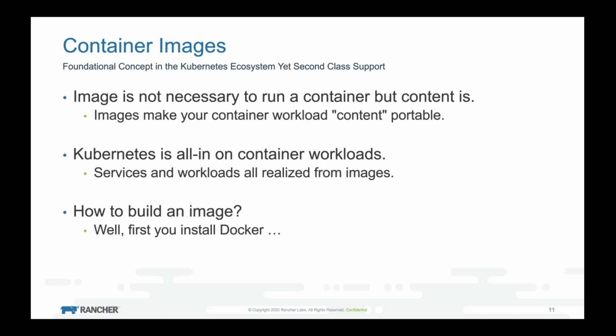If you're familiar with the OCI spec and runC, you know that you just need the content in place, and a descriptor that says here's what my container is, and then you run it. But Kubernetes has decided to go all in on images, and in fact you can't do anything useful without an image. The reason is that when you define an image, you take that content and you've made it portable. You've made it easy to move around to other nodes.